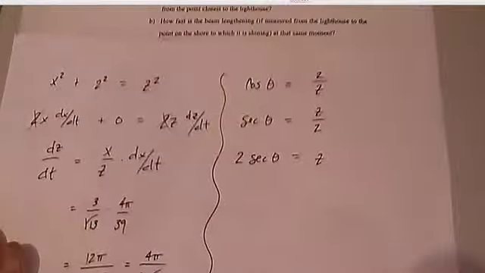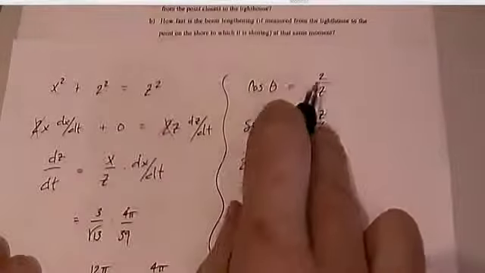But I still have the possibility of doing it in terms of trig, right? If I want dz dt, this is adjacent, this is hypotenuse. It winds up being cosine of theta is equal to 2 over z, or secant of theta is equal to z over 2, or 2 secant theta is equal to z.